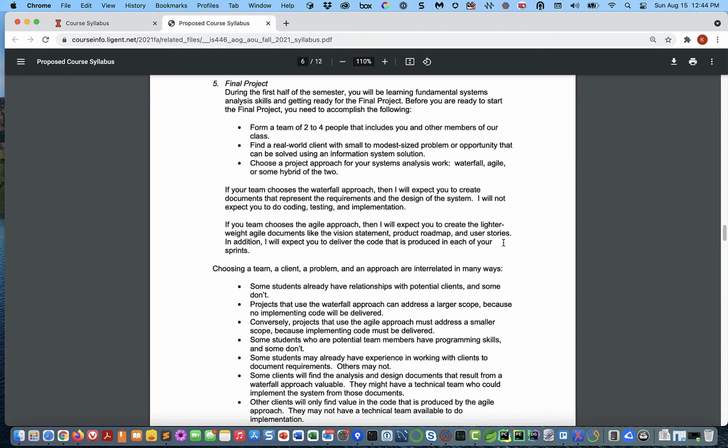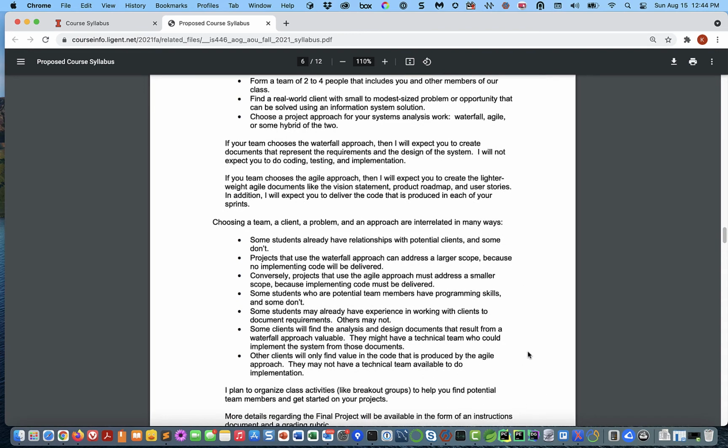If you're doing the agile approach and you're producing software, then you're probably going to have a smaller scope than a team that is just going to take a more traditional approach and is going to document the requirements and the design, because you'll actually be implementing. So we take that into consideration.